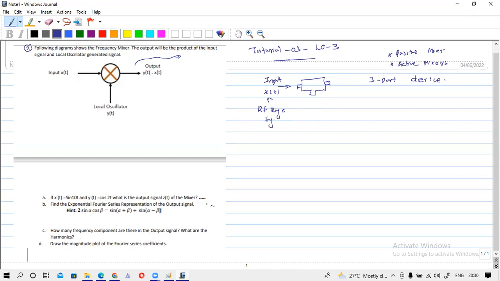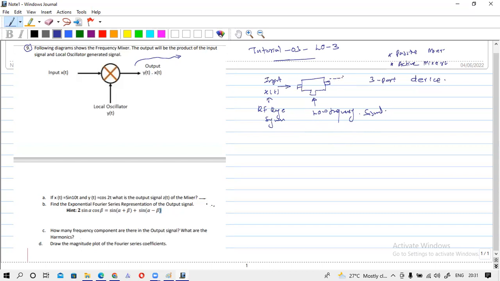There is another input, normally a low frequency signal, which may be generated by an oscillator.